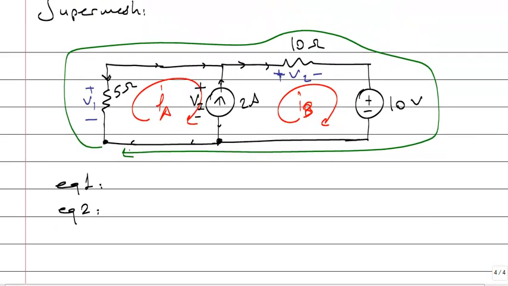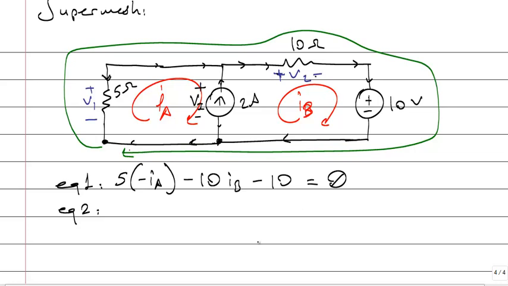Supermesh: start from the left bottom. There is a voltage increase of V1, 5 times minus IA. Continue. Plus to minus, there is a voltage drop of V2, 10 IB. Continue. 10 volts voltage drop again. And I have returned to the same point, 0.